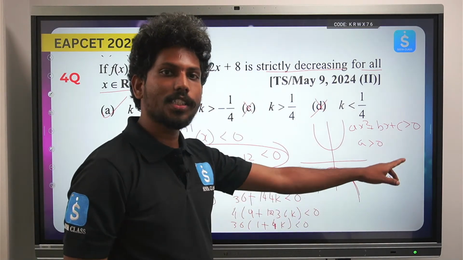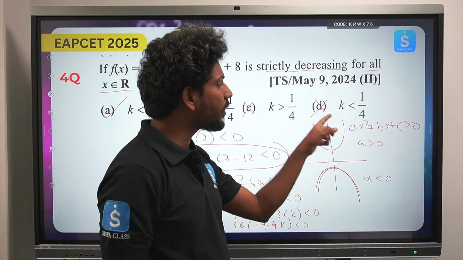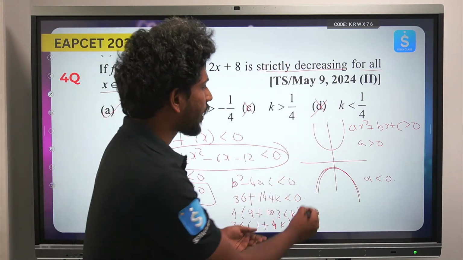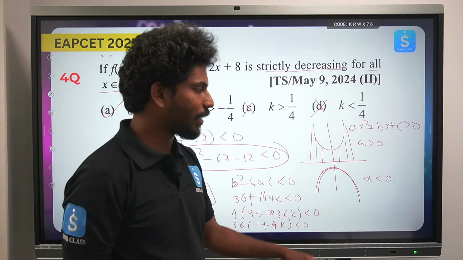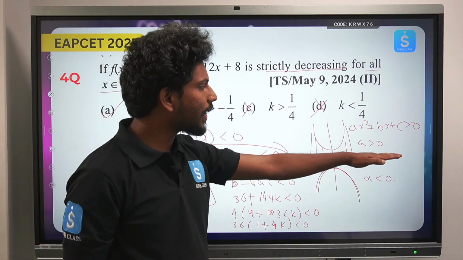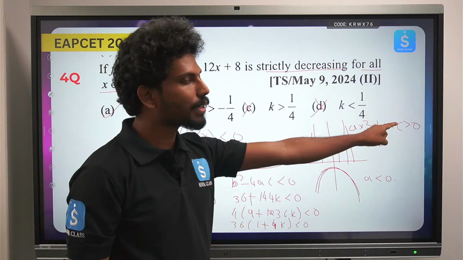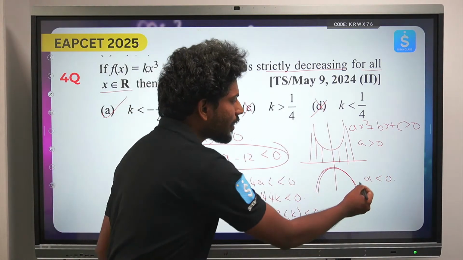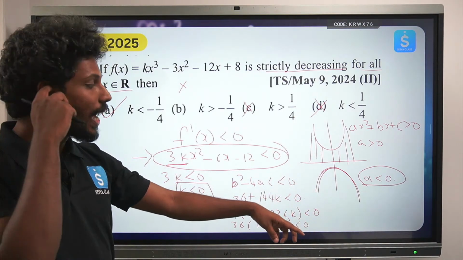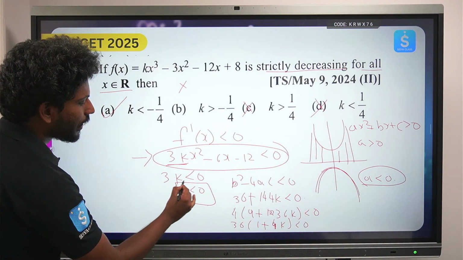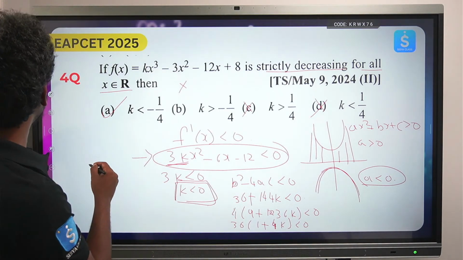The next one is the discriminant should always be less than 0, right? That is the only possibility in which the parabola will always be in the positive direction. For any values of x you substitute, all the values are positive, in the positive y-axis. But in the other case, when it is decreasing, that means f dash of x is less than 0, when ax square plus bx plus c is less than 0. That means a should be less than 0. That time you will have a parabola facing downward, as well as you can always find this inequality, that is a less than 0. What is a over here?